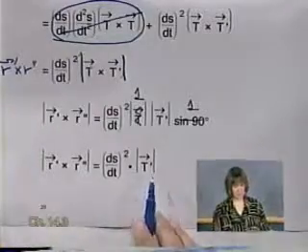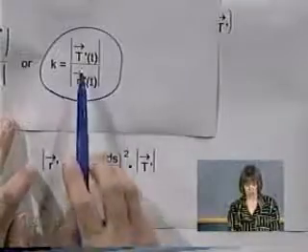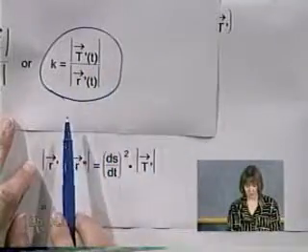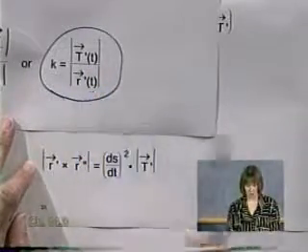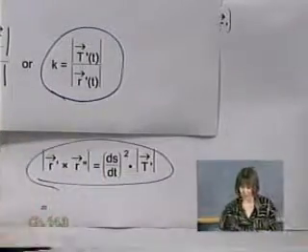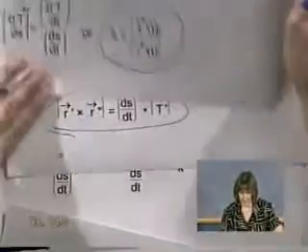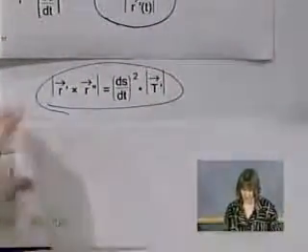Now I know you're sitting there and you're going, why, Mrs. Strocko, why? So let me show you. I want to come up with a formula for curvature. For curvature, I need the magnitude of T prime over the magnitude of r prime. Notice with this equation right here, I can solve for T prime. Let me do it.